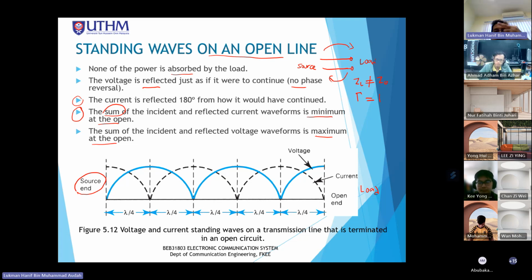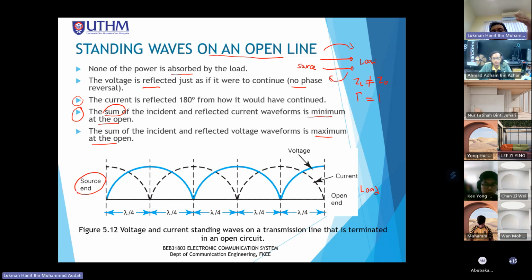So we're going to see two perspectives of standing wave. Remember, standing wave is the sum of incident and reflected wave. For example, the blue line shows the summation of incident voltage and reflected voltage, while the dotted line shows the sum of incident current and reflected current.